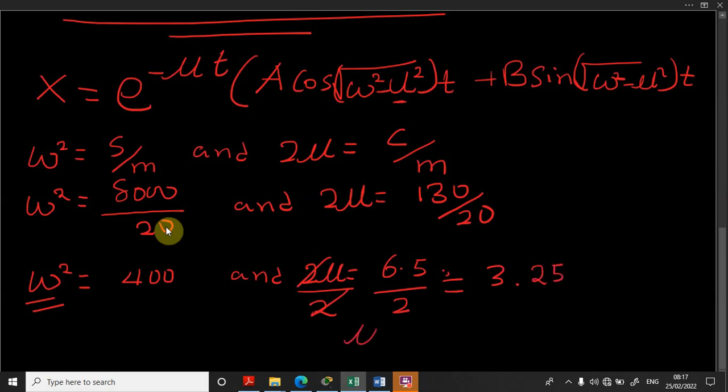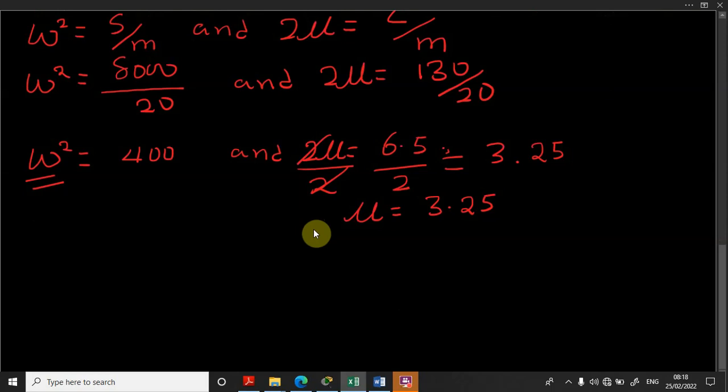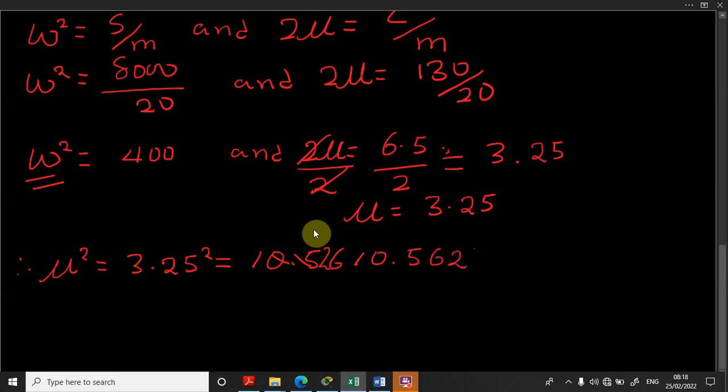If mu is 3.25, then our mu squared should be 3.25 squared, and that will give us 10.5625.